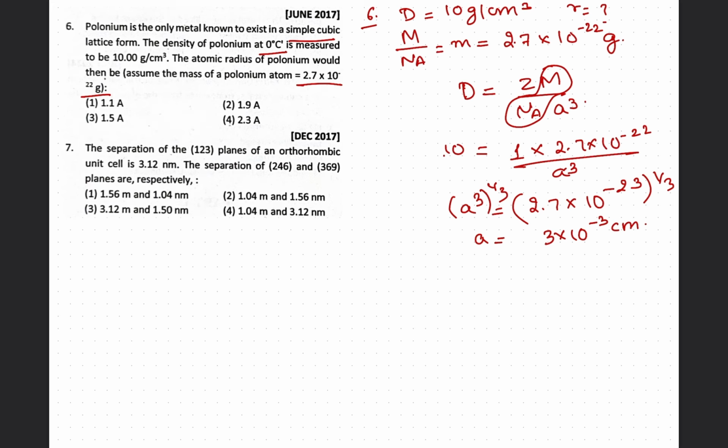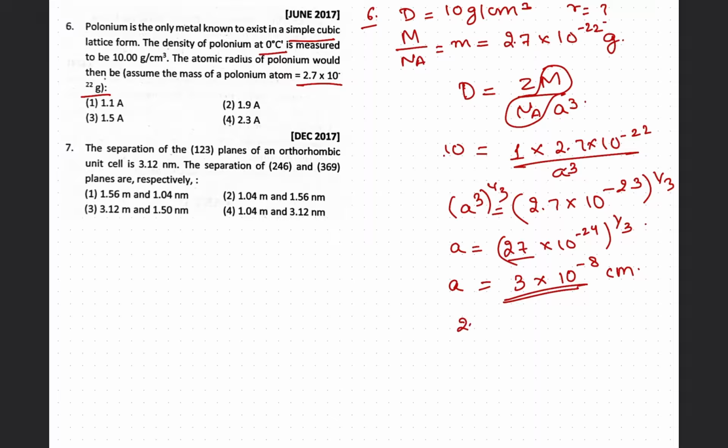So a will come when we find this one: a will be 27 into 10 to the power minus 24, to the power 1 by 3, which is 3 into 10 to the power minus 8 centimeter. Now they have asked about the atomic radius.